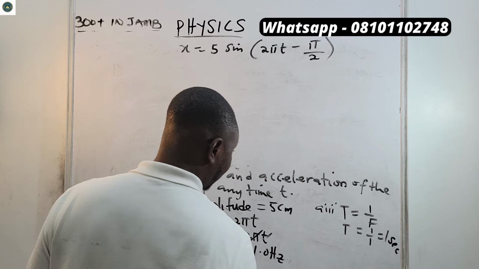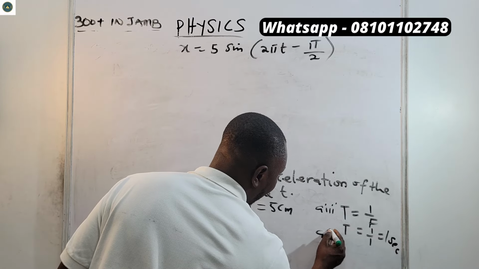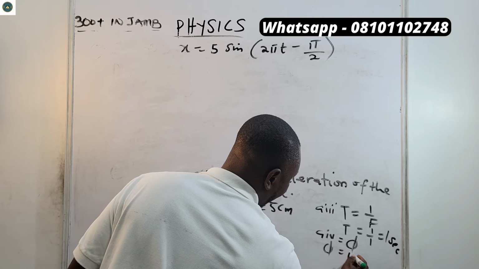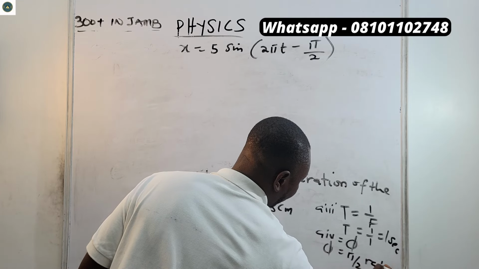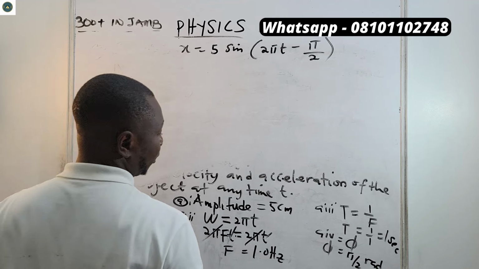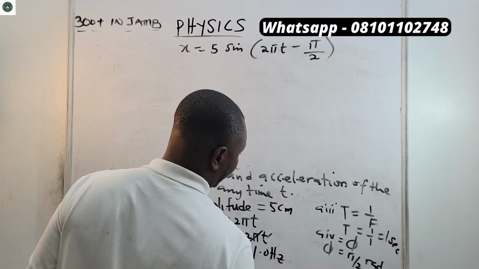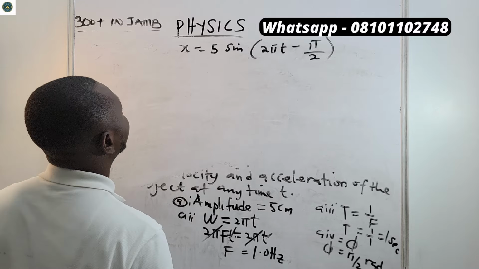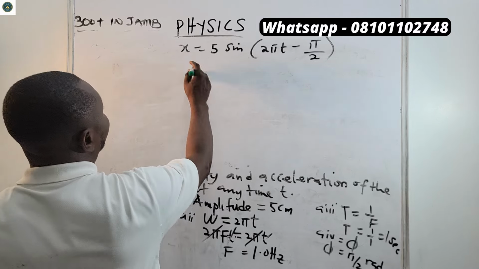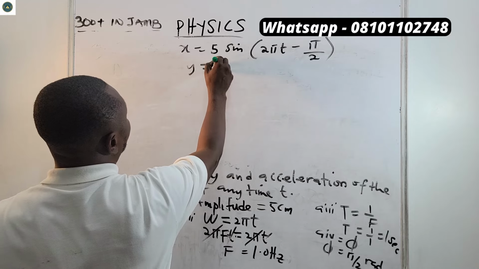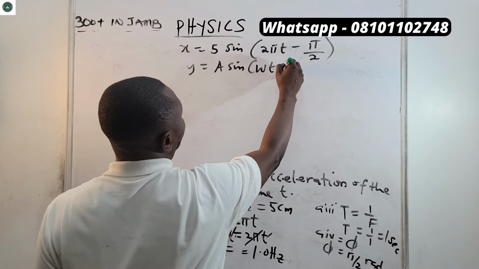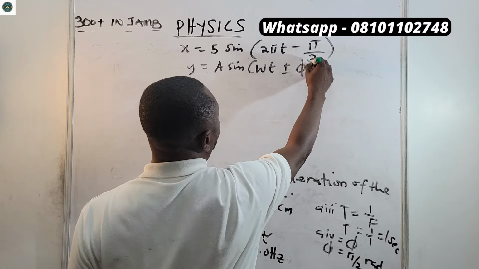The phase constant phi is pi over 2 radian, because it's in the form of y equals A sine (omega t plus or minus phi).